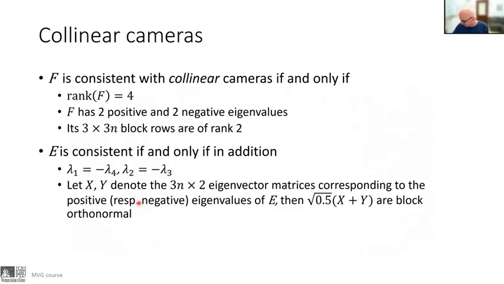Okay, we're a little bit behind. So I just want to say that there is a problem though with collinear cameras. The reason is that measurements between pairs of images don't give you all the information that you need to solve for collinear cameras.